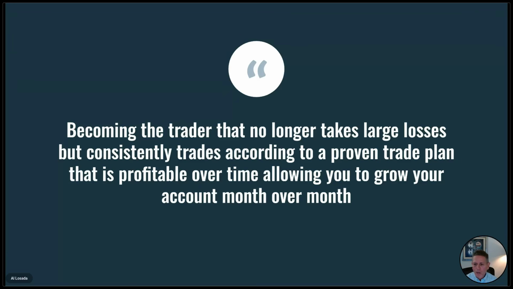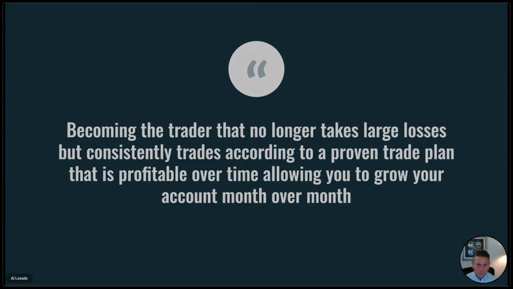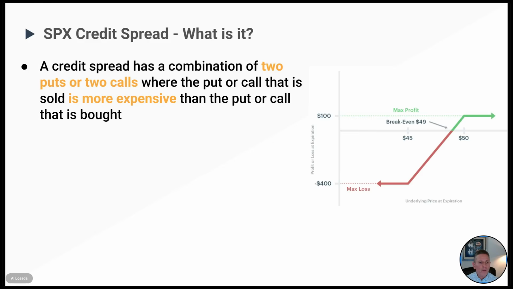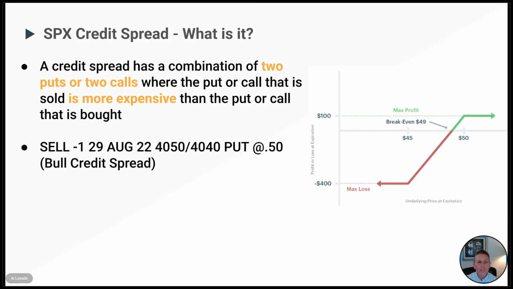All right. So let's talk about what a credit spread is. Unless you guys don't know this. All right. So a credit spread is a combination of two puts or two calls where the put or call that is sold is more expensive than the put or call that is bought. Okay, so that means you're getting a credit when you actually place the trade. All right.